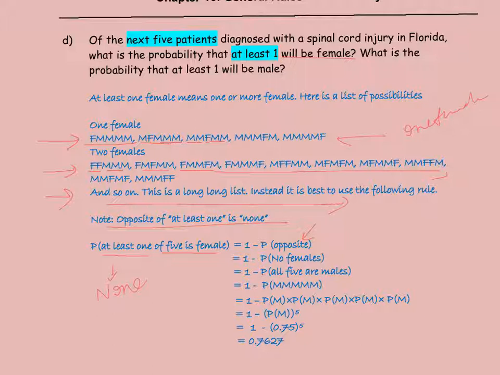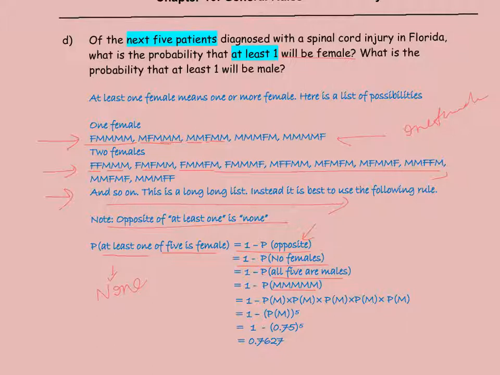So probability of an event, at least one of the 5 patients is female, is equal to 1 minus the probability of the opposite, which means 1 minus the probability that none are females. When I say none of the 5 are females, that is the same as saying all 5 are males. So that would be 1 minus the probability of all 5 patients being male.